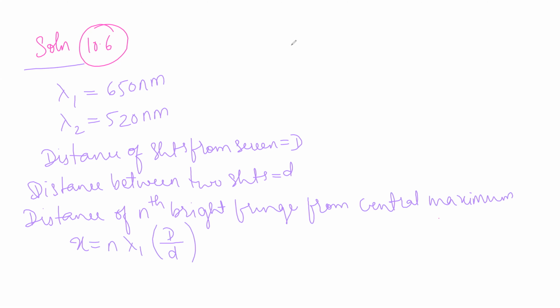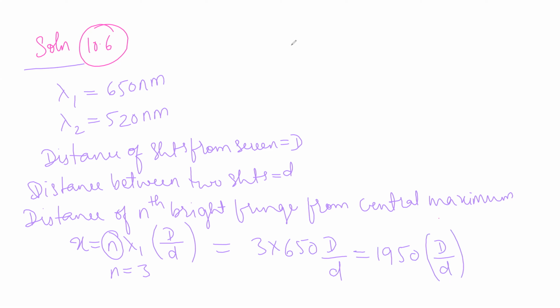They have given bright fringe n is equal to 3, therefore in place of n we substitute 3. So 3 into lambda 1, which is 650, into capital D divided by small d. If you simplify this, it becomes 1950 into capital D divided by small d nanometer.